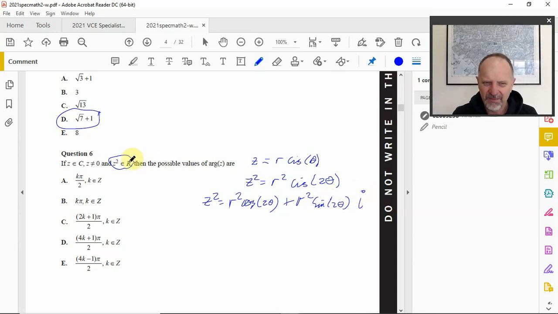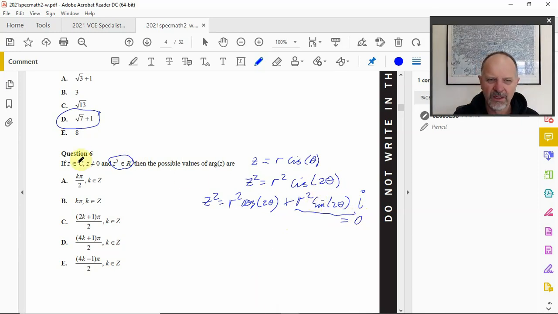Getting back to what I said, z squared is a real number. So if z squared is a real number, it does not have an imaginary component. So my imaginary component has got to equal 0.